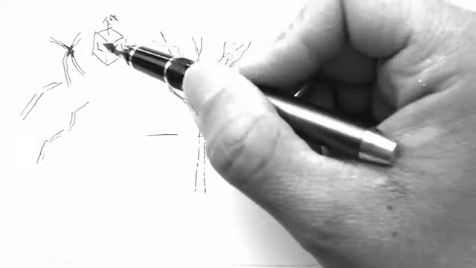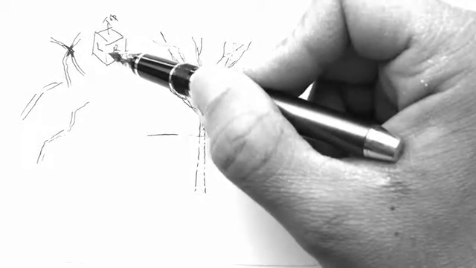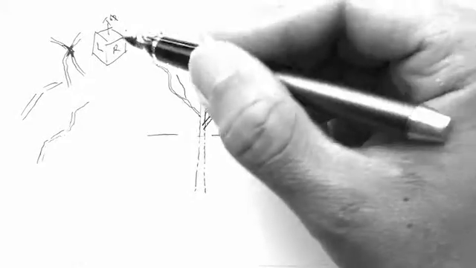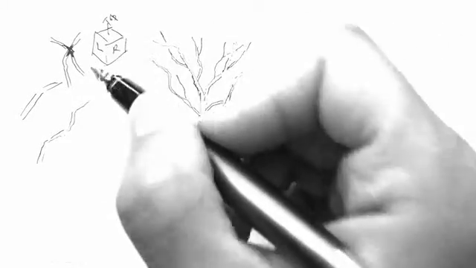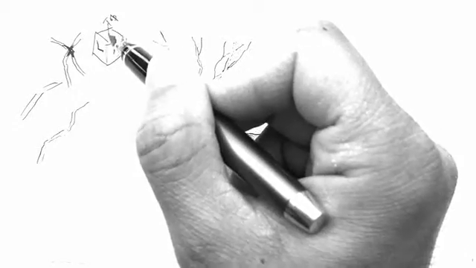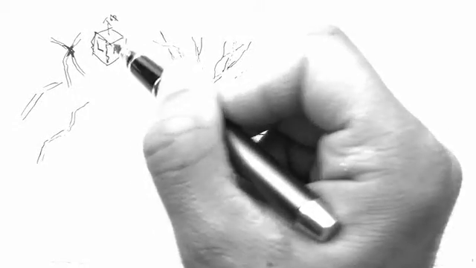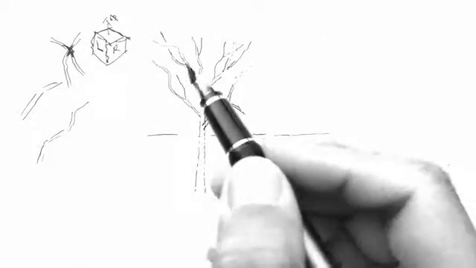A stone essentially is very similar, except that the edges and the shape are quite irregular. But essentially we draw the same planes: the left plane, the right plane, and the top plane.